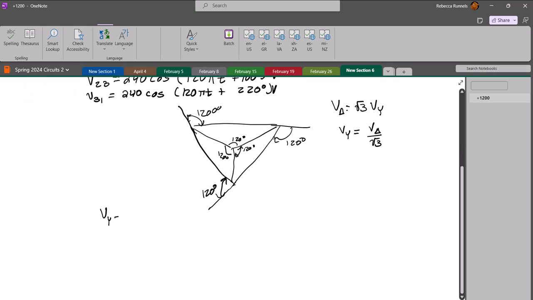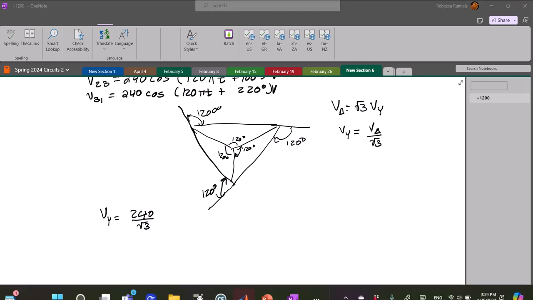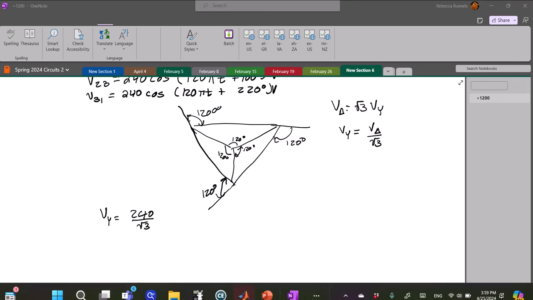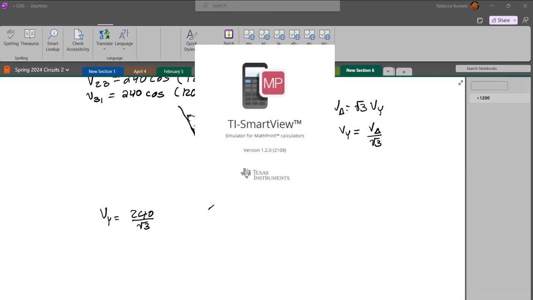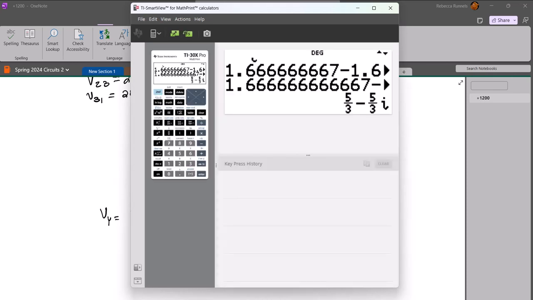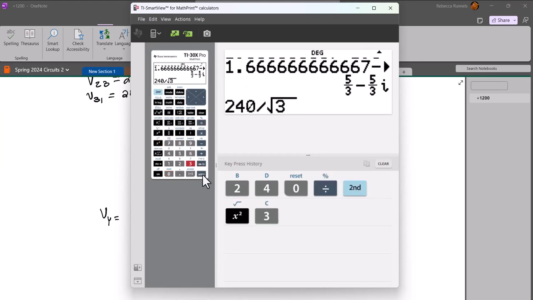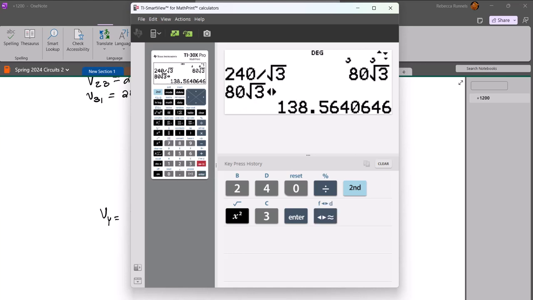So the magnitude is going to be 240 divided by the square root of 3, which is 138.6.